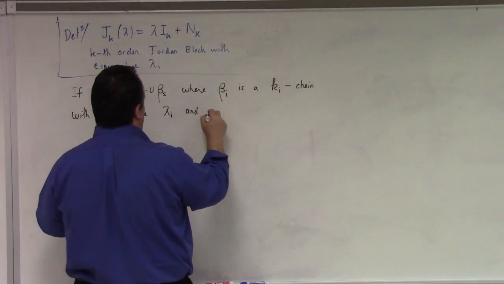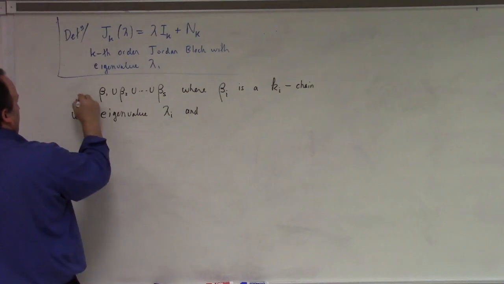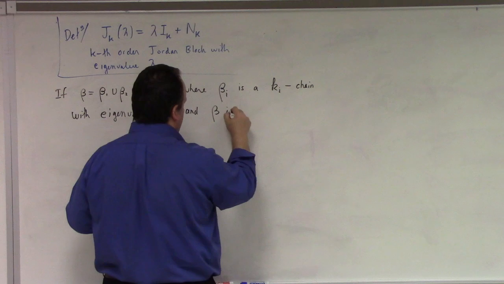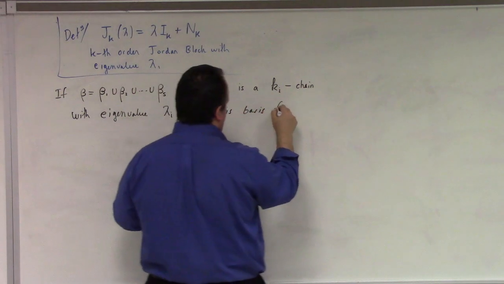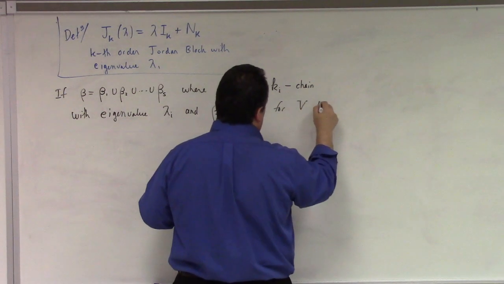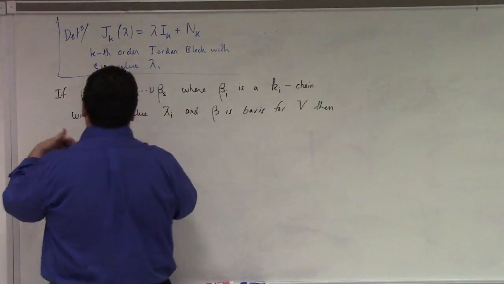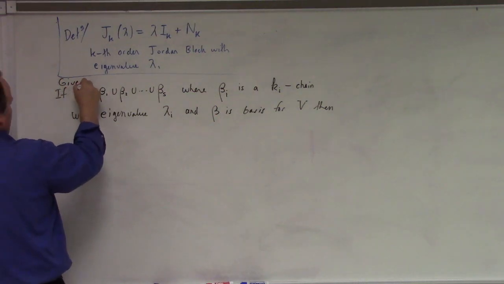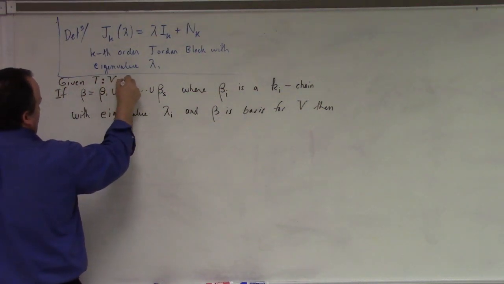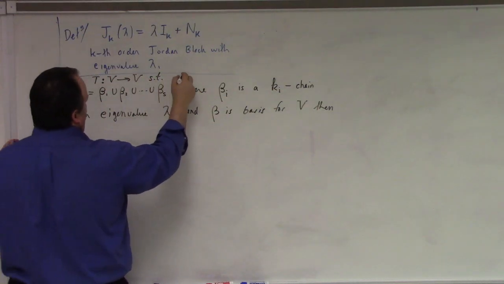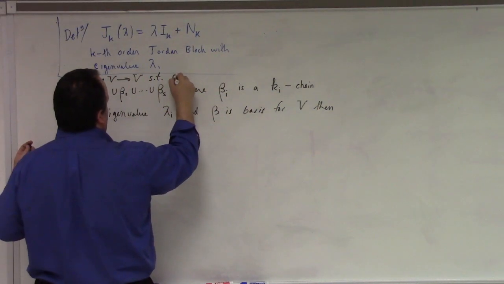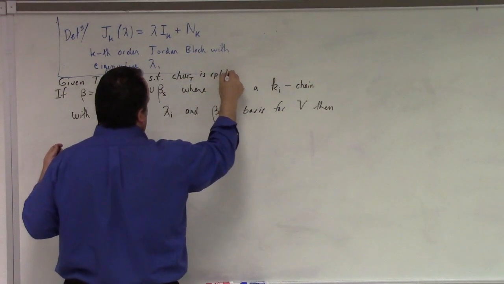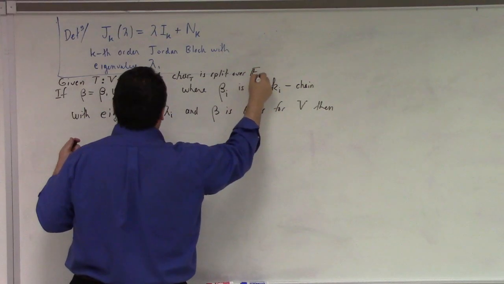And I wanted to call this whole thing beta. And beta is a basis for V. Of course this is all, as usual, given T, a linear mapping from V to V such that the characteristic polynomial of T splits over the field.